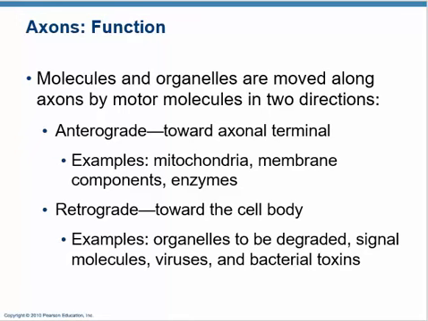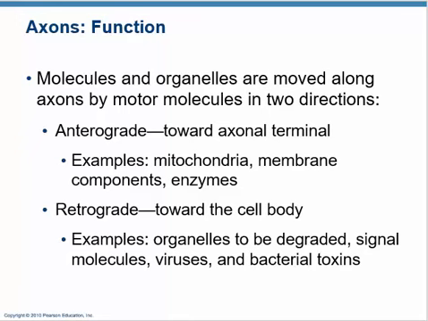They can be over 1 meter long. So there have to be ways of getting chemicals and proteins and neurotransmitters down towards the axon terminal, and we call that anterograde transport. New mitochondria are made, things like that. They all go where they're needed.